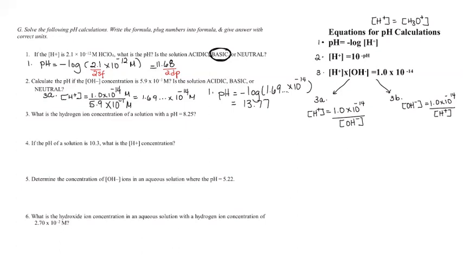So is this acidic, basic, or neutral? Excellent. It's basic. Okay. Any questions on problems 1 and 2? And again, I will help anybody that needs assistance with the calculator. I understand. I will help you.